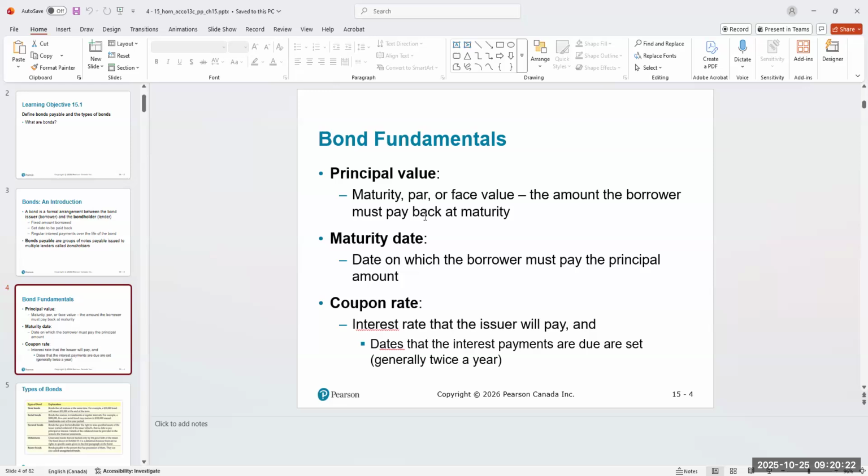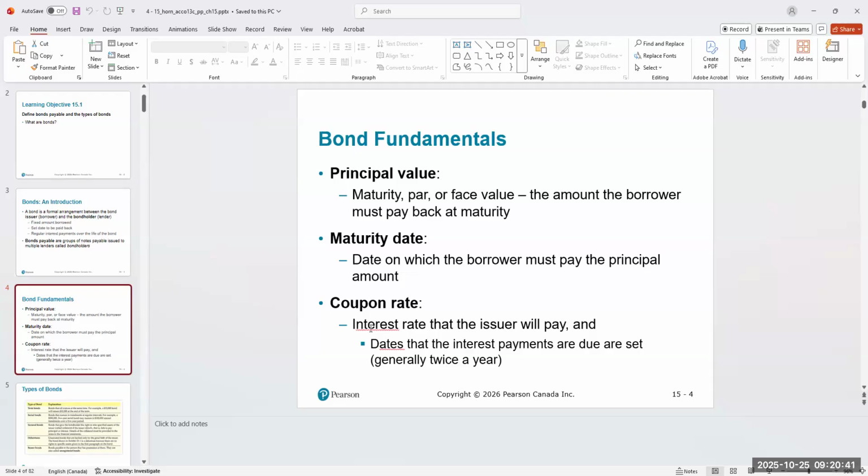The person who borrowed the money knows exactly on which date he has to pay the money back. What's going to happen if you don't pay back? The other person is going to put you in court. He can sue you for that. Why? Because it's a formal contract. You cannot escape from that contract.